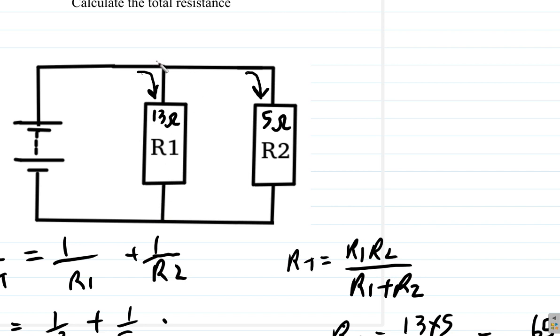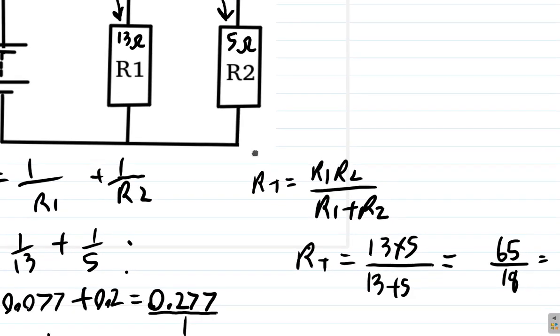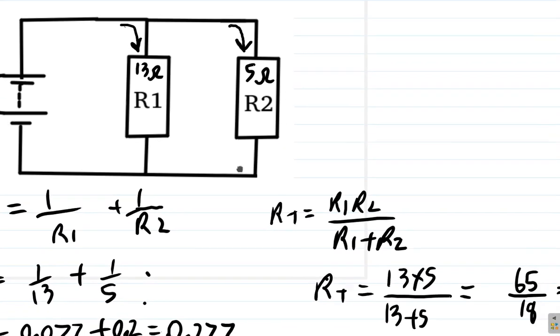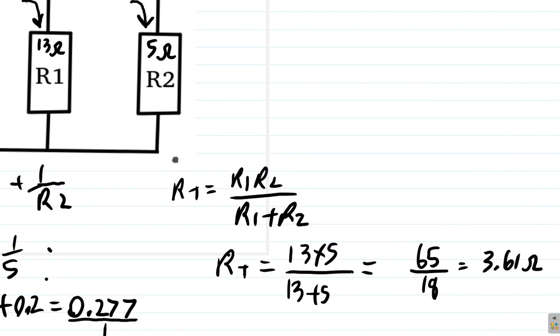So it eases the traffic up here. It's not backed up as much as before. So the resistance drops. The total resistance now will drop lower than the 5 ohms. So here, that's what we have: the total resistance of 3.61 ohms.